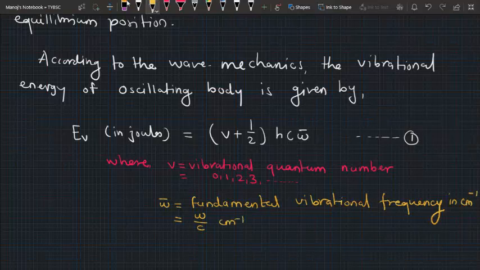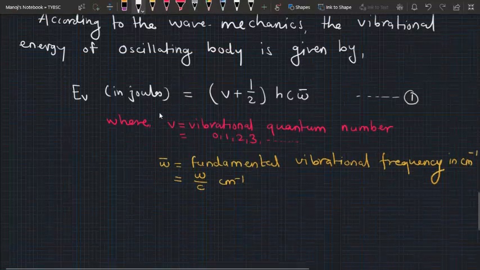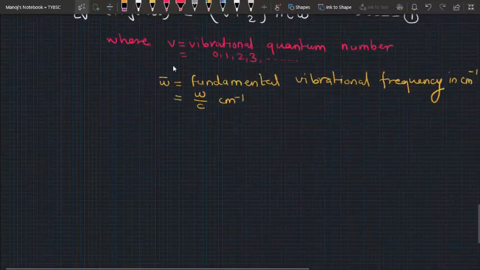Now, what is omega? This omega is called the fundamental vibrational frequency in hertz or cycles per second.